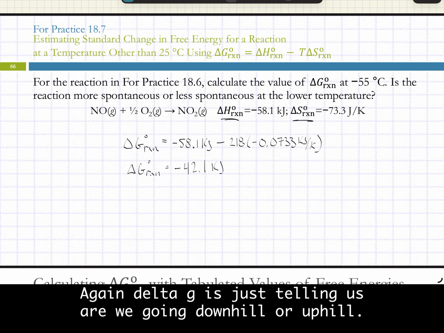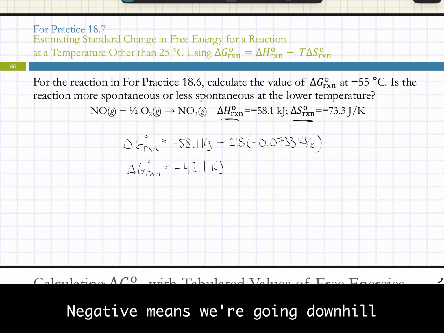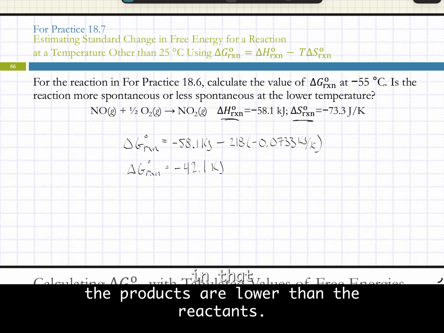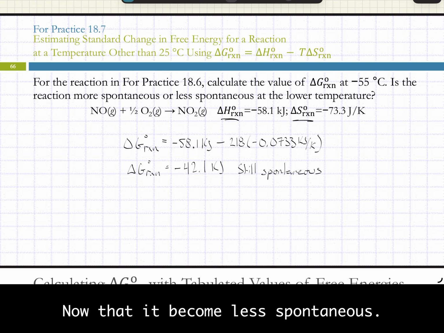Again, delta G is just telling us, are we going downhill or uphill? Negative means we're going downhill, which means that the products are lower than the reactants. So we're going downhill, so it's still spontaneous. Now, did it become less spontaneous?